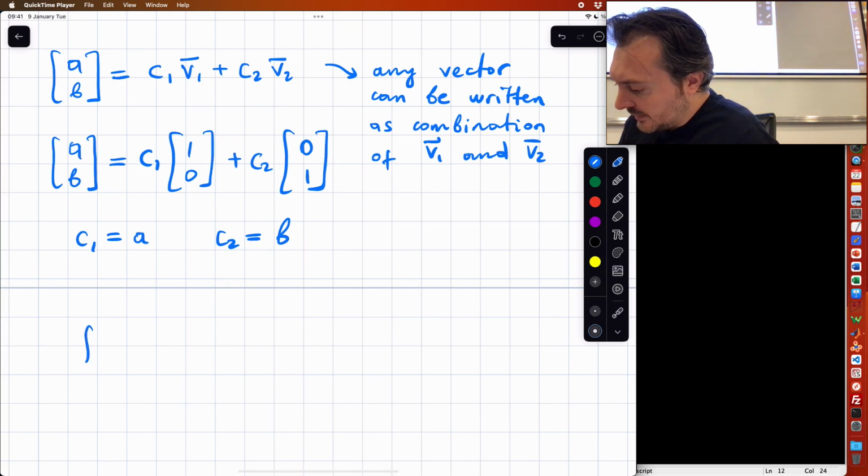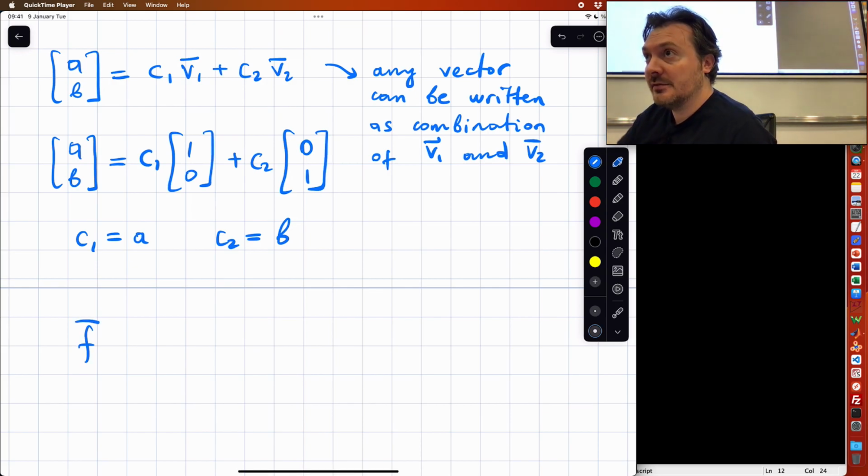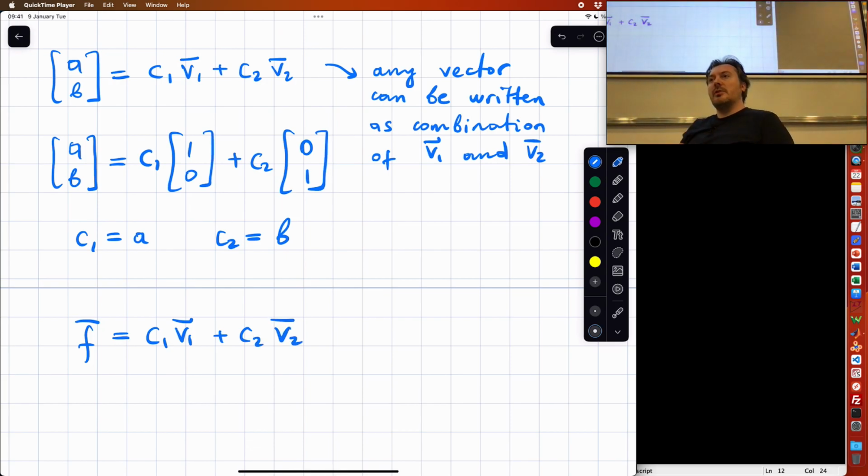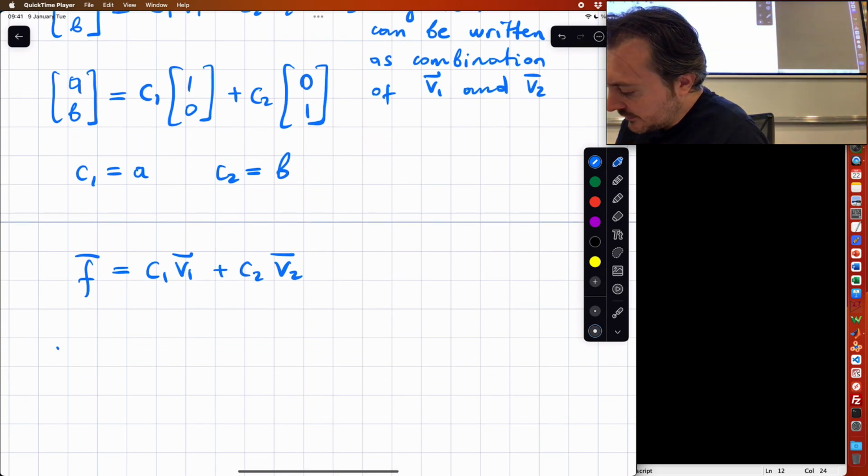So let's talk about a vector F being represented by C1 V1 plus C2 V2. And V1 and V2 are any orthonormal vectors. They have to be orthonormal for this to work. So to find C1, I multiply both sides with V1 dagger from the left.